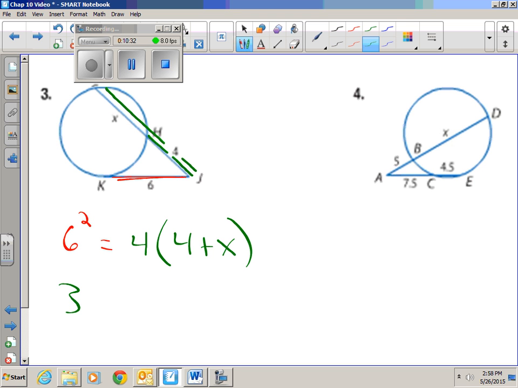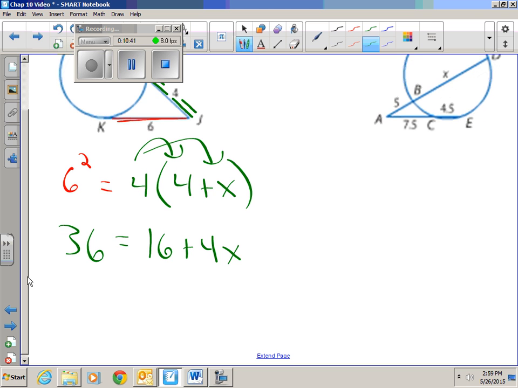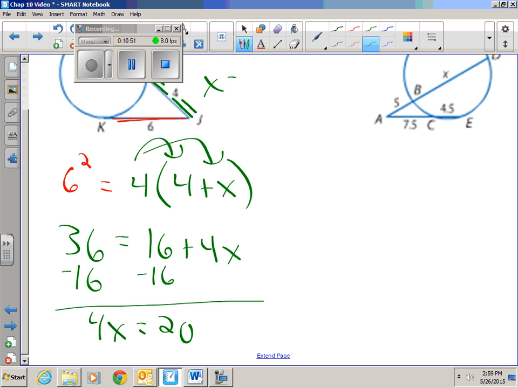So now I have 6 squared is 36 is equal, let's distribute. 16 plus 4x. Do a little bit of algebra now. I'm going to subtract my 16, subtract my 16. 4x is equal to 20. So x is equal to 5.